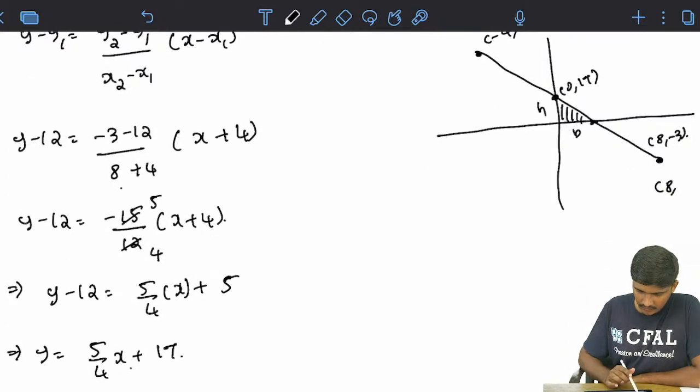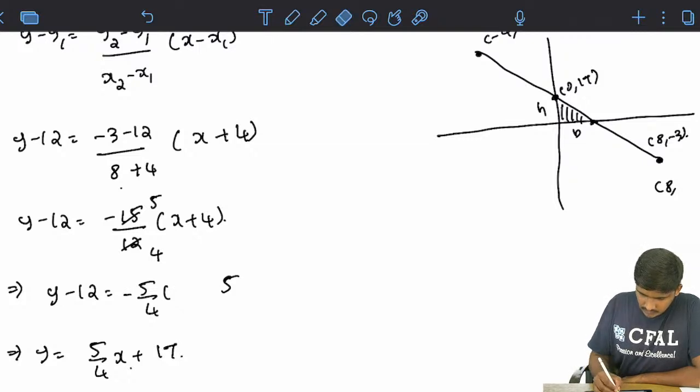Correct. So y minus 12 is equal to minus 15 by 12 into x plus 4. There is one problem here: this was minus and this was also minus 5. We made that mistake, and so from here everything went wrong.